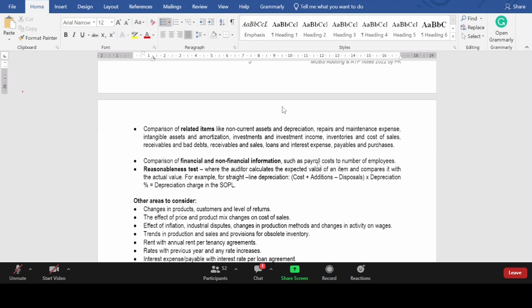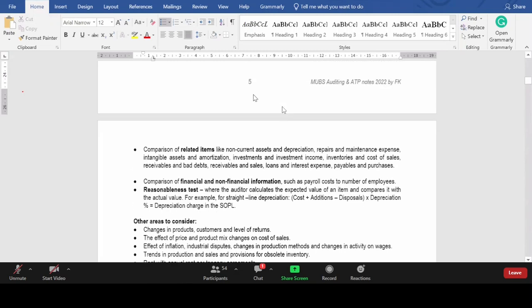So you look at the payroll costs. You find you have 10 workers, that's non-financial, but you find those 10 workers are being paid like 1 billion, meaning each is getting like 100 million, then there's a problem. So is the non-financial information matching with the financial?